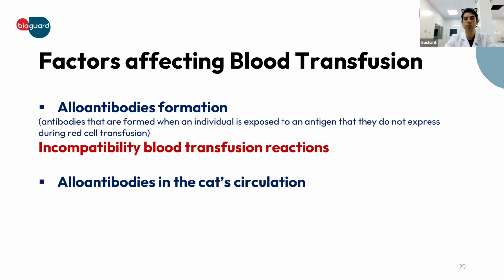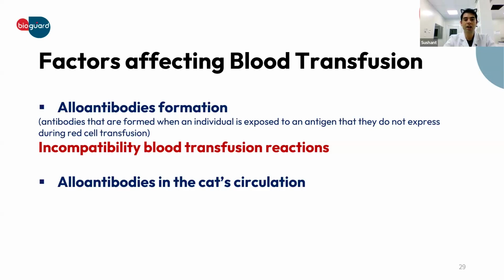For example, formation of alloantibodies in the plasma, which means that whenever a transfusion occurs, when an individual is exposed to an external antigen, they will express an antibody in their body to fight that external antigen. This is one of the most common factors that could affect the blood transfusion reaction in cats.